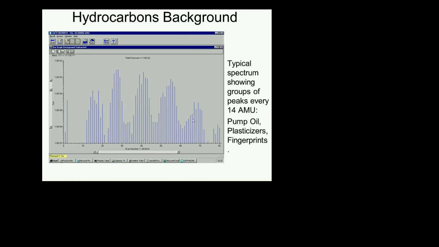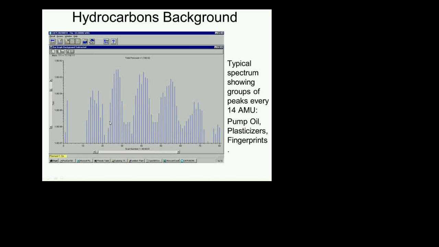The reason they are 14 AMU apart is that in a chain of hydrocarbons, every link in an alkane type compound is a CH2, which is 14 AMU. So it's not unusual with long chain hydrocarbons to have peaks separated by 14 AMU, because the hydrocarbon fragments at every link, and it produces spectra at every 14 AMU, which are kind of identical to each other.